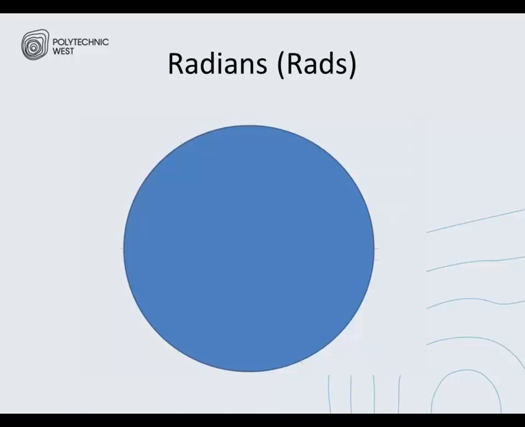If I was to do the same sort of thing but with a radius, then let me just get that up. There's a radius. I drew it in green this time, doesn't show too well on there. So a radius will go round once, twice, 3 times, 4.